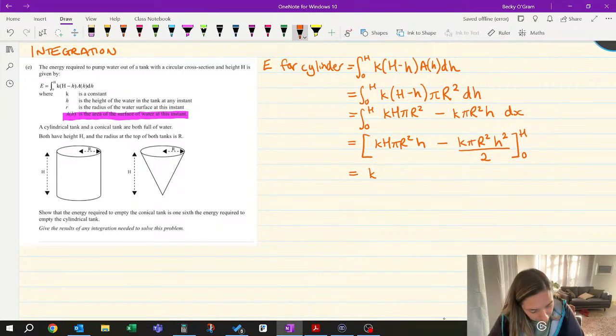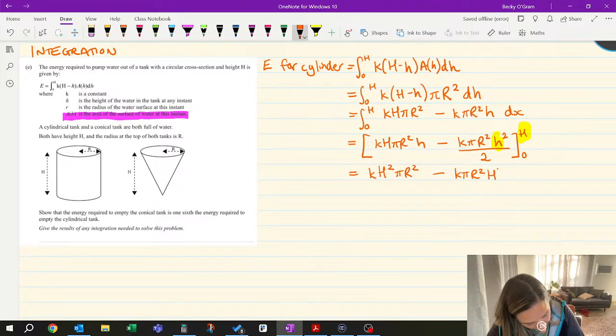Now if I put an h, capital H, into here, because that's the limit that I'm putting in, then I'm going to have it times by the other capital H that's there, so it becomes H squared. Next is to put it into this lowercase h there, and we will have k pi r squared H squared over 2.